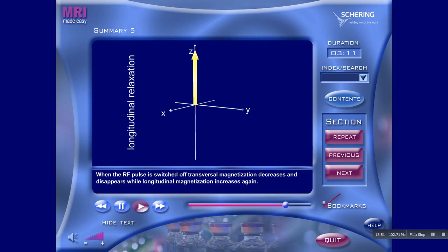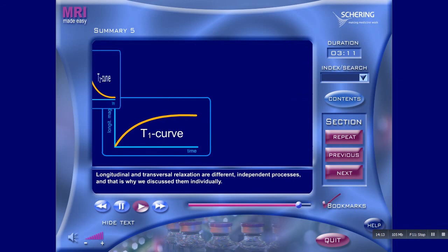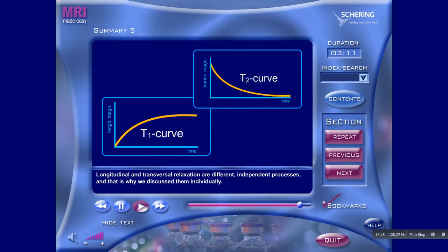This longitudinal relaxation is described by a time constant T1, the longitudinal relaxation time. The transversal relaxation is described by a time constant T2, the transversal relaxation time. Longitudinal and transversal relaxation are different, independent processes, and that's why we discuss them individually. That's what you should know by now.